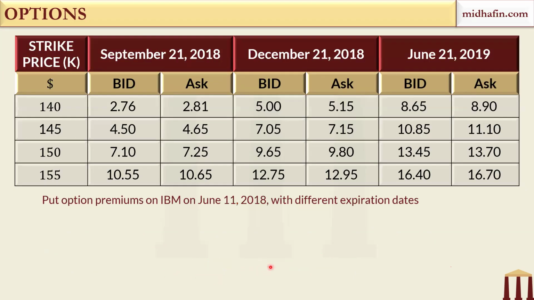Now, for put options, if the strike price is increasing, the option premium is also increasing. That makes sense, because if you have the right to sell something at a higher price, 155 versus 140, what would you prefer? Of course, you would prefer to sell at a higher price, which is more favorable.